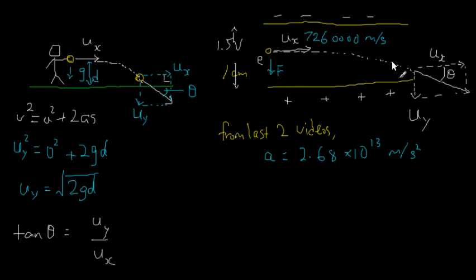So in order to calculate this angle, now we know from the method I described for throwing a ball horizontally, I must know ux and uy. Ux we already know. Ux, the horizontal component, is the same as the starting value. Okay, so that's known. Uy, in order to find uy, we need to go through these acceleration equations, and we find that we need to know the acceleration, okay, which we do now, and we need to know the distance.